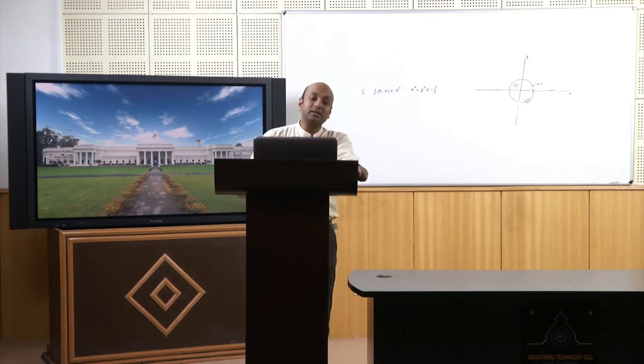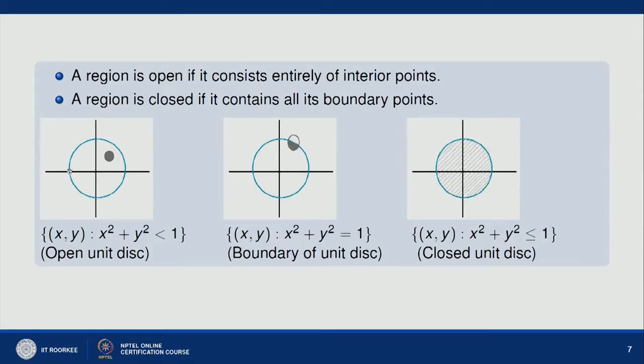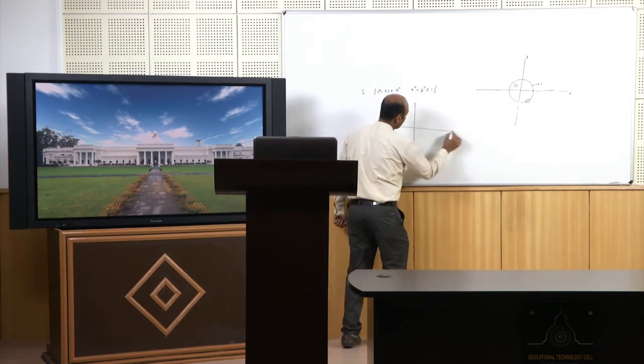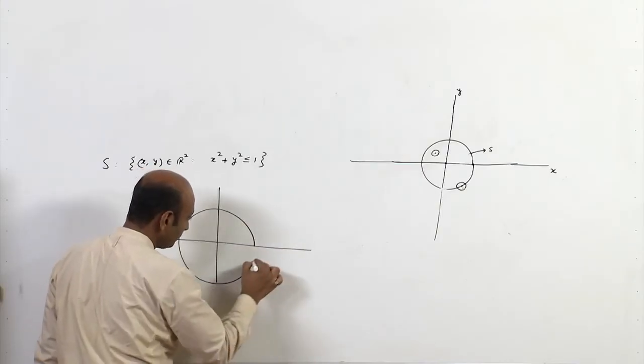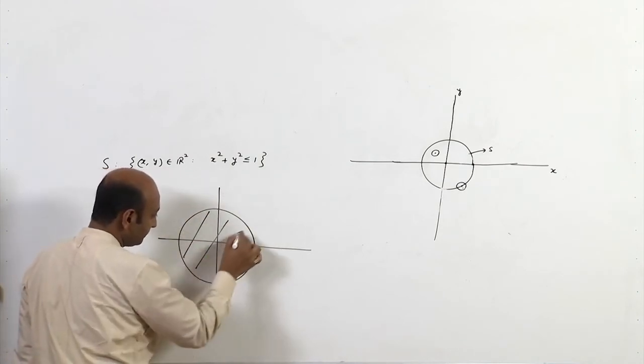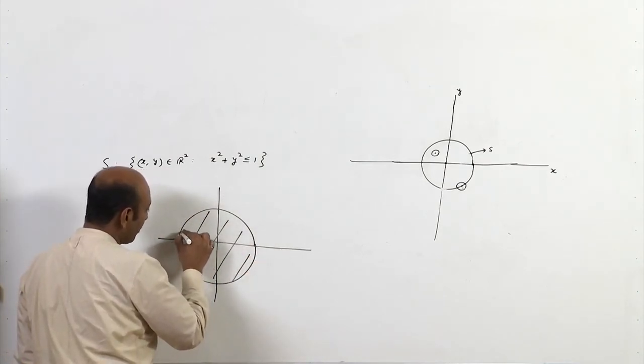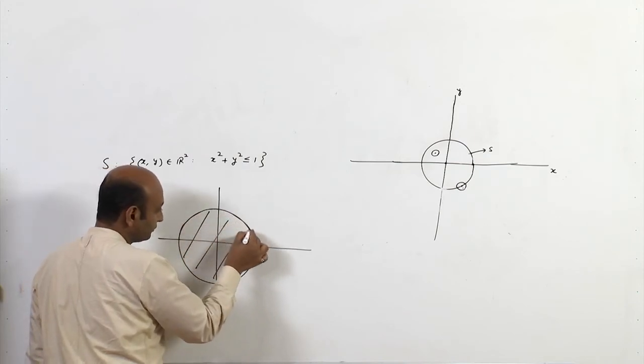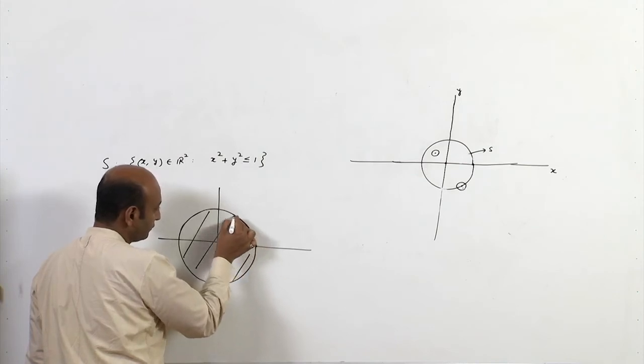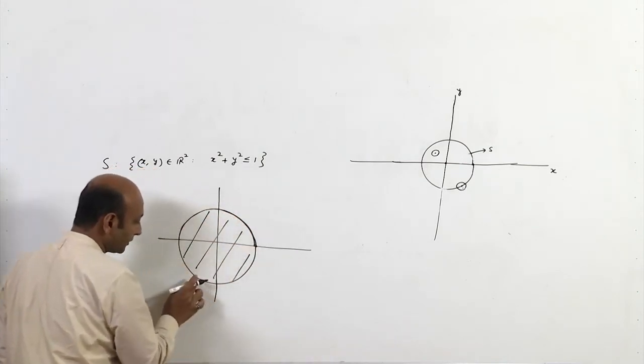Now, there may be a region which is neither open nor closed. For example, in the first figure, suppose you include only those boundary points that lie on the upper half of the circle. This is S, and on the boundary only these points are included, not the lower side of the circle.